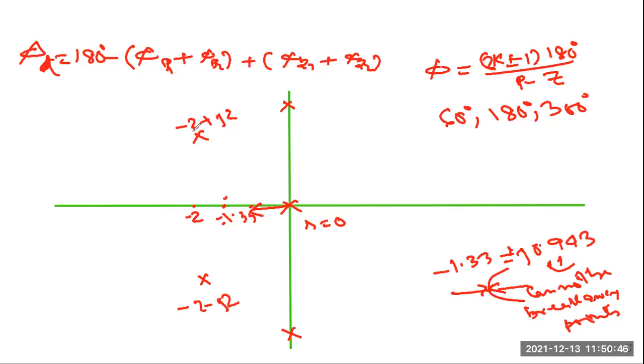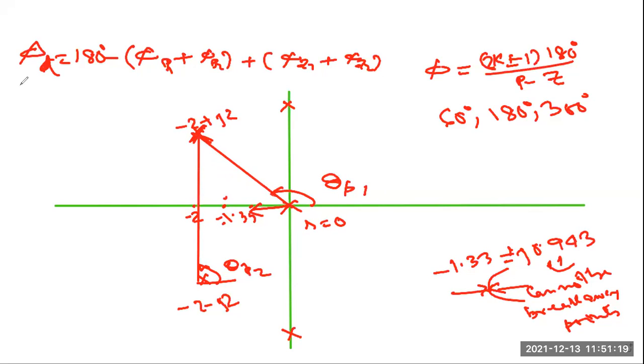Okay. So this is the pole, and we are interested in calculating the angle of departure at this point. How to calculate? We'll join these two points. We have joined these two points. Now what is our objective? We'll calculate this angle. This is theta P1, and this is theta P2.